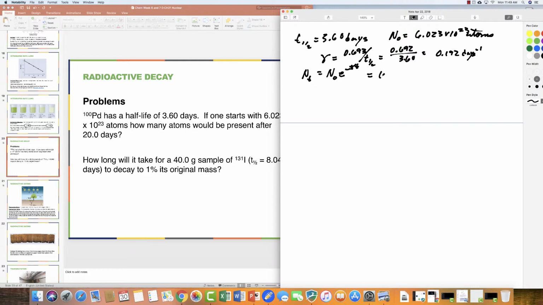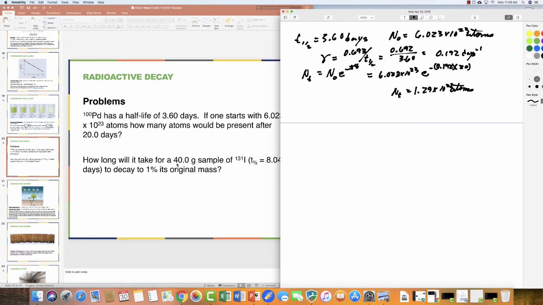And so that's going to equal 6.02 times 10 to the 23rd times e raised to the minus 0.192 times 20 days. If you do the math here, you get Nt is equal to 1.29 times 10 to the 22 atoms.